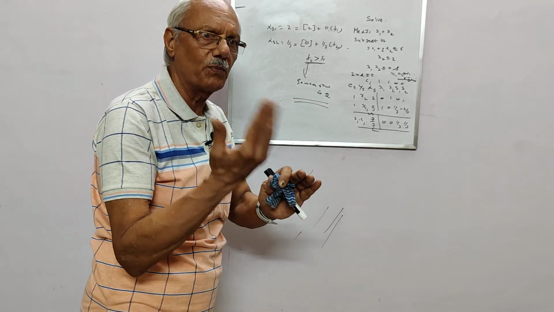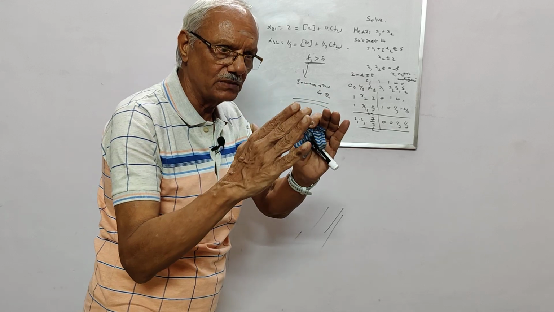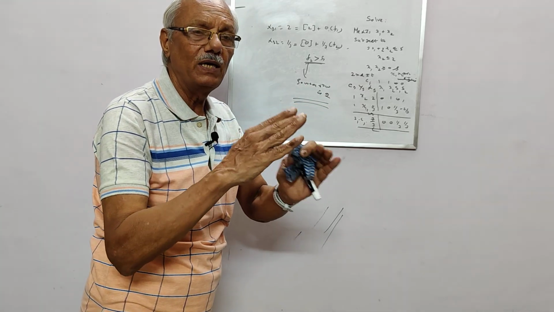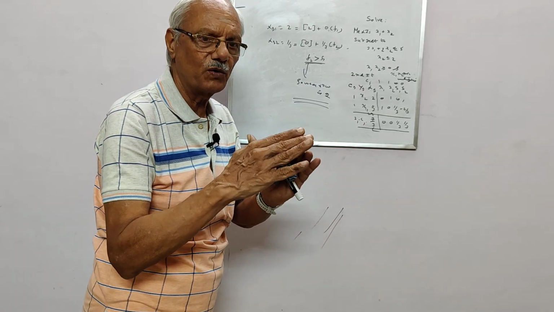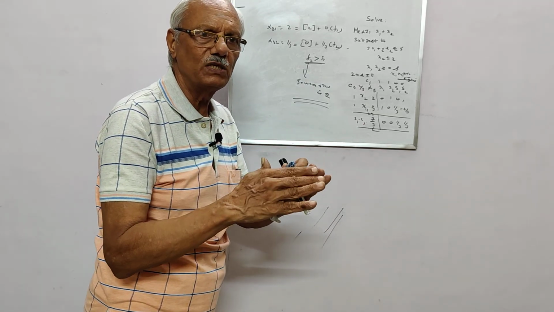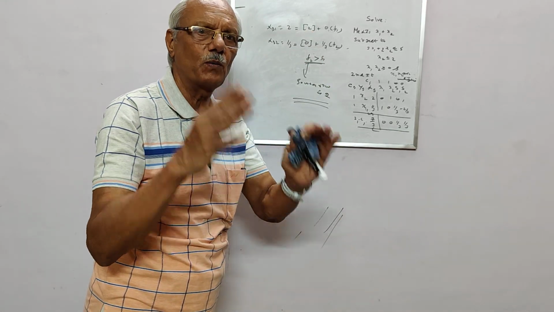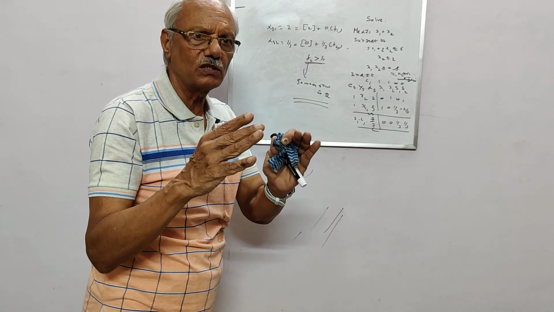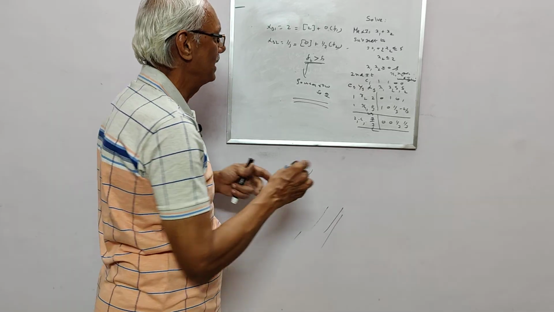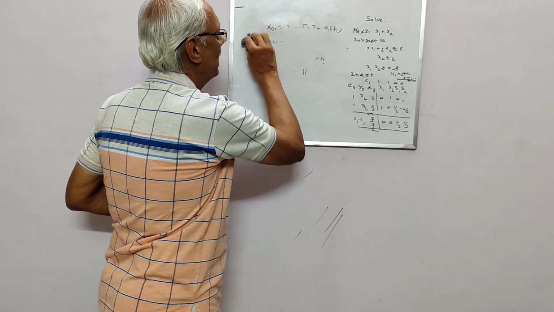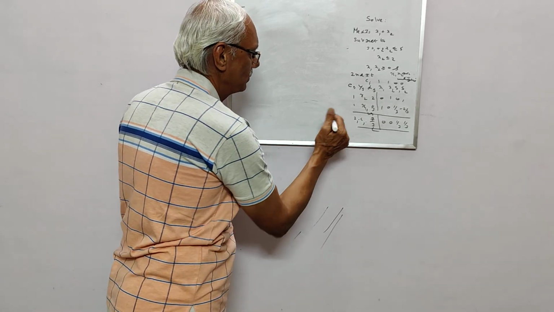Whatever problem comes in your examination, you must stick only to that principle while tackling an integer programming problem using the Gomorian constraint. Are you clear now? So let us now see the method of constructing. This is your source row.